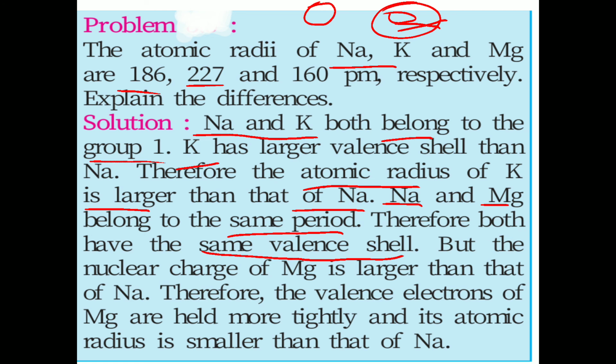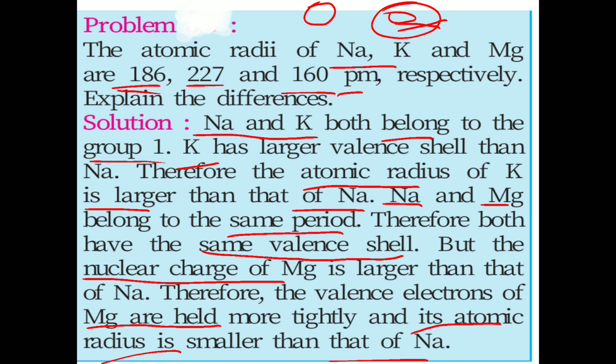But the nuclear charge of magnesium, Mg, is larger than that of sodium. Therefore, the valence electrons in magnesium are held more tightly and its atomic radius is smaller than that of Na. That means magnesium has 160 pm and sodium has 186.